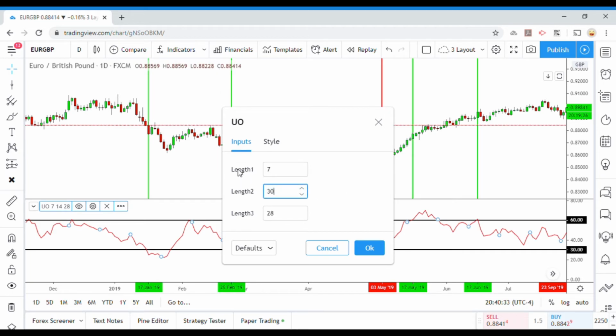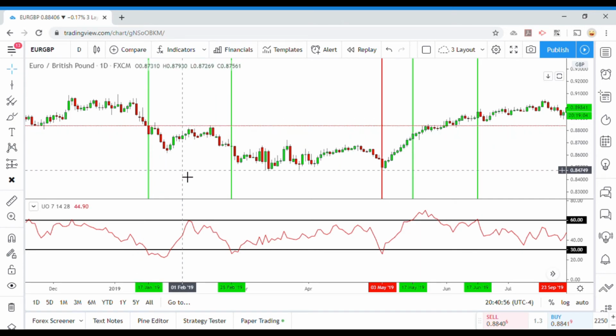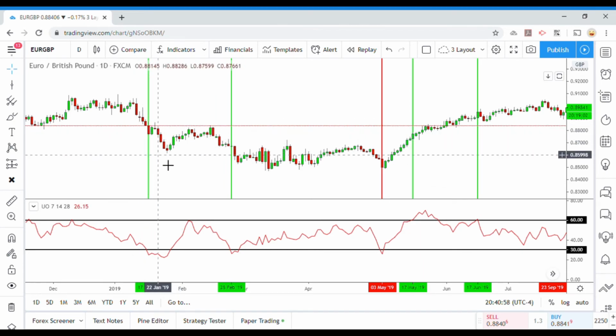I'll take it from like 14 to 30 and see what happens. Not a whole lot. Let's take that from 28 to 5 and see what happens. Not a whole lot. Sometimes it's a matter of slowly playing with each one of these settings and dialing it in to get something that reacts a little bit quicker.